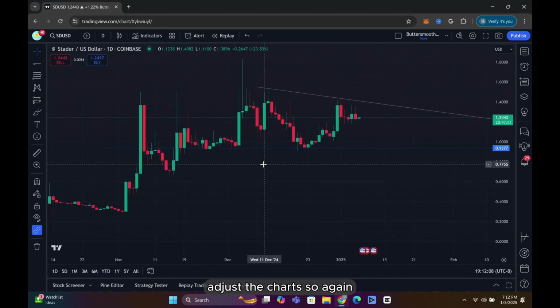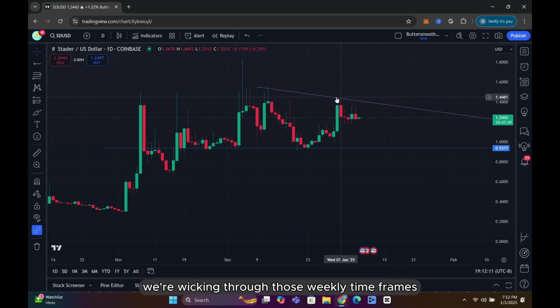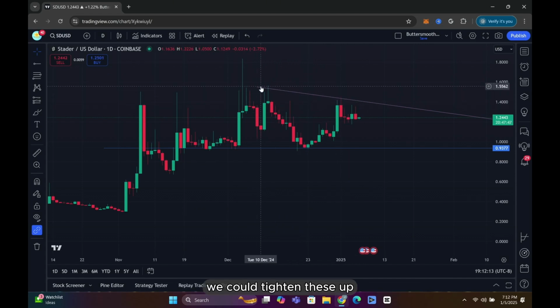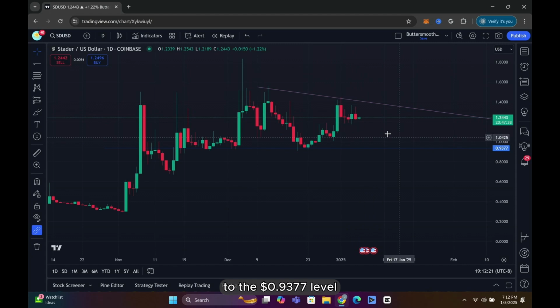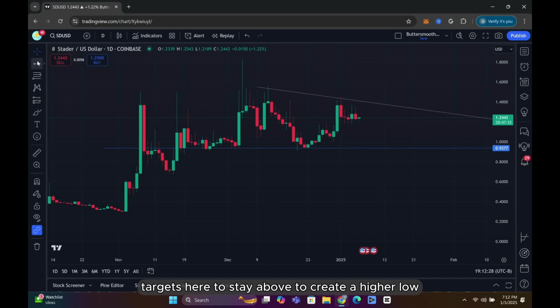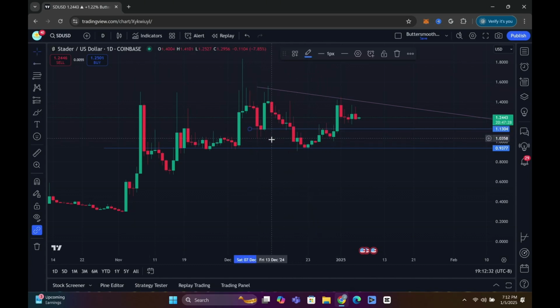Here, adjusting the charts. Again, we're wicking through those weekly levels. We could tighten these up, but that's going to mess it up on our weekly time frame. You can see we're more than likely going to come back down to the 0.9377 level, possibly wick below that, but hopefully hold above it, to create a higher low right here.